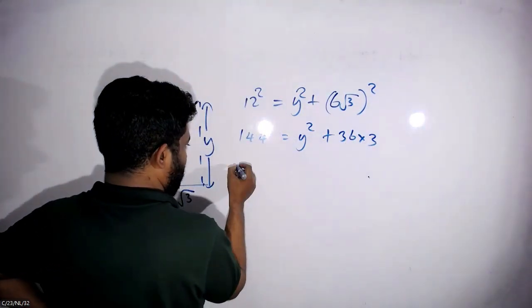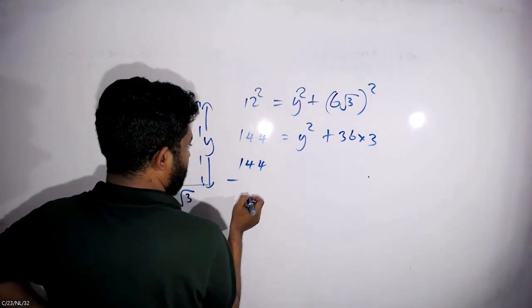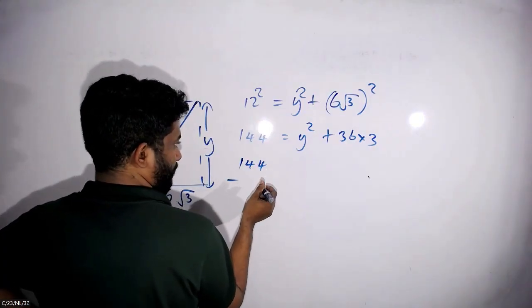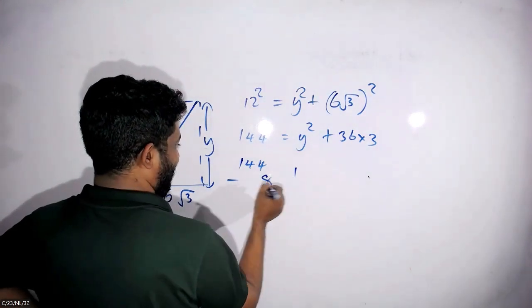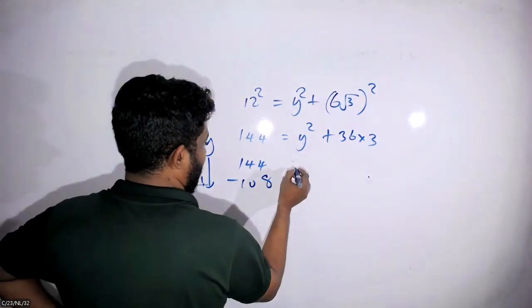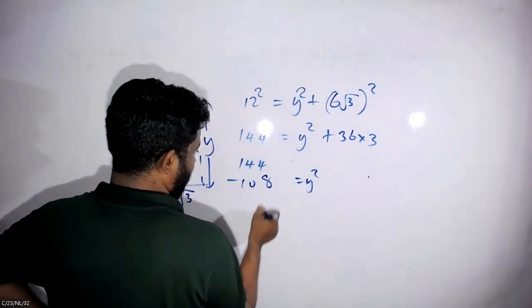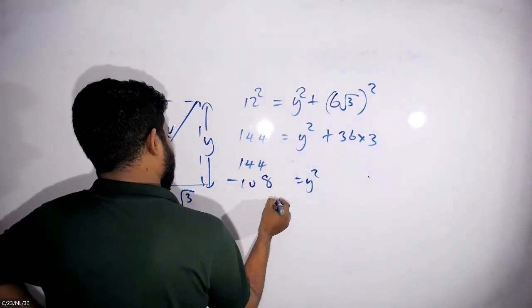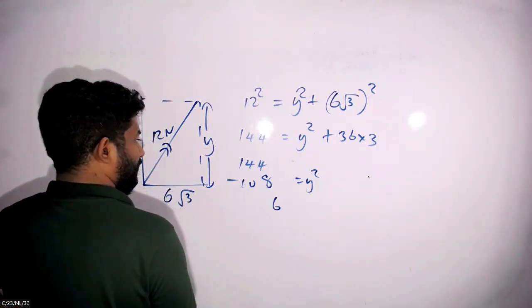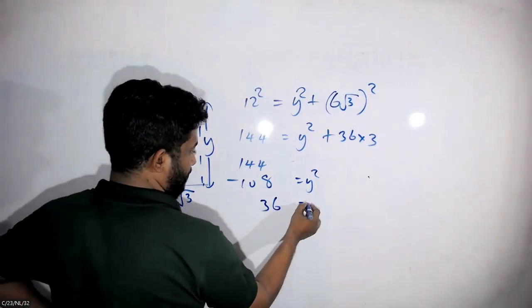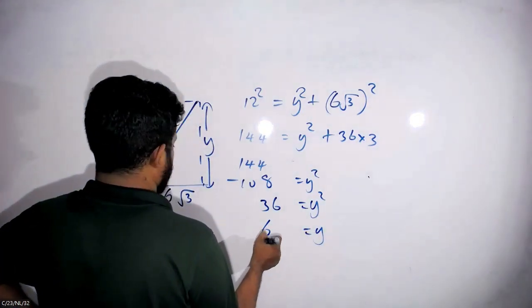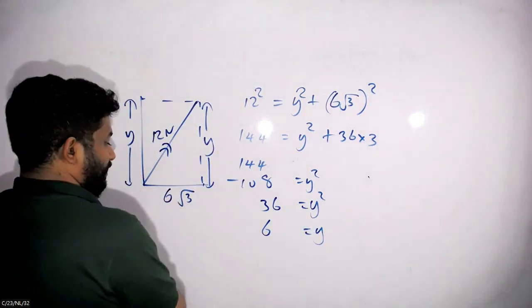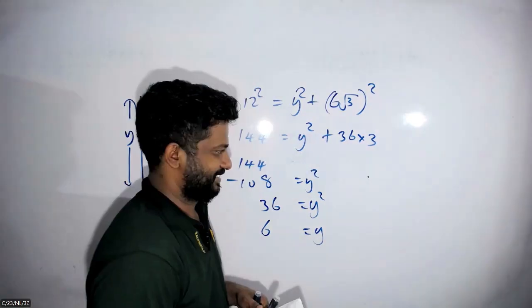Then the answer is 144 minus 108 is equal to y squared. Then here it comes 36, isn't it? 36 is equal to y squared, then y is 6. This component is 6 Newton, right?